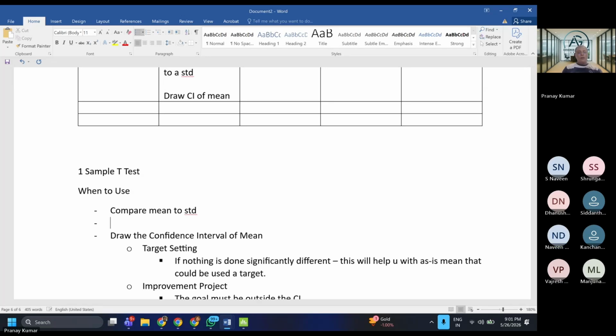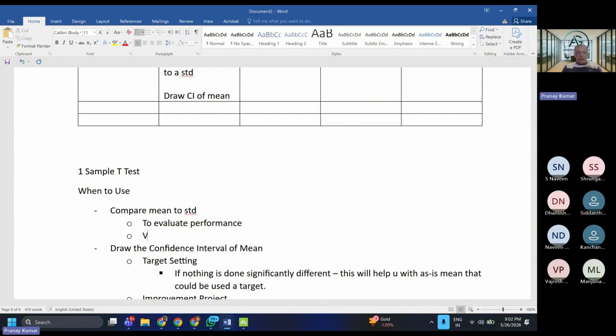Another thing we were saying was to compare the mean to a standard. How do we use it to evaluate performance, or when you want to validate the goal achievement in the improve and control phase? This is mandatory. You cannot complete your improve phase of Six Sigma without statistical validation.